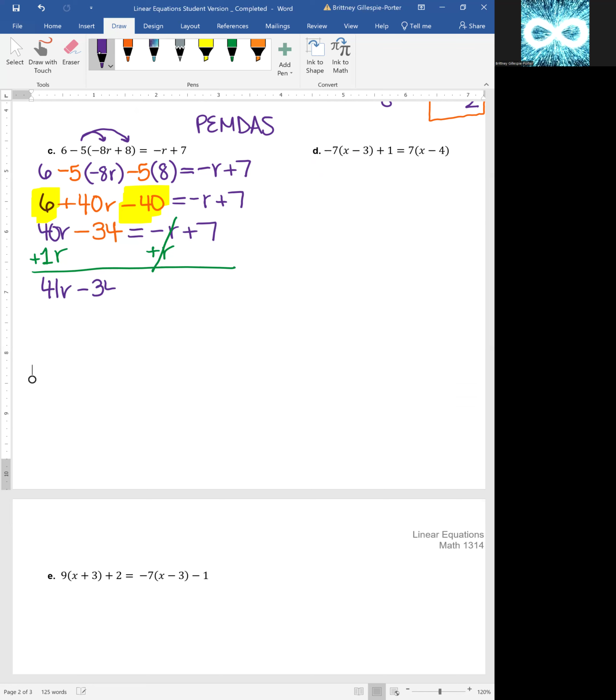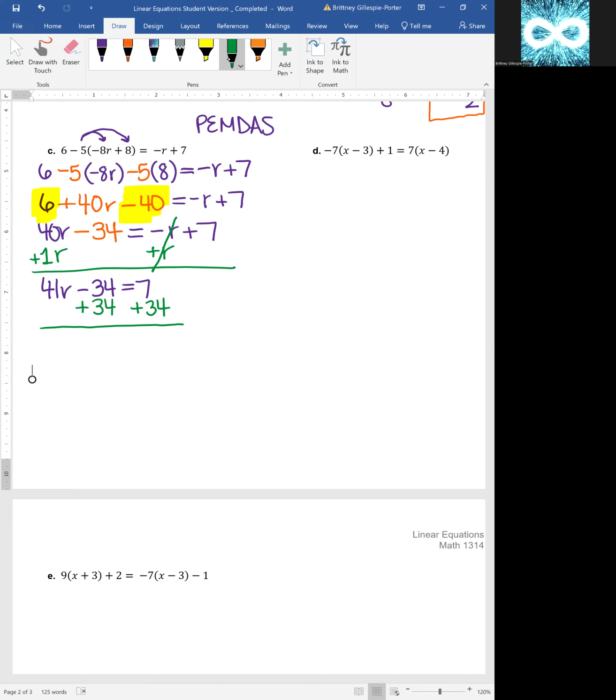And then bring down our minus 34 equal to 7. Still need to get all of our numbers to one side, all of our variables on the other. We have our 41r on the left. We need to move the 34. So we are going to add 34 to both sides of our equation, the opposite of subtraction.